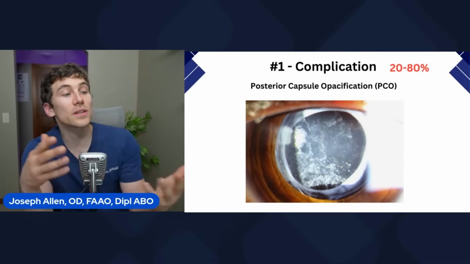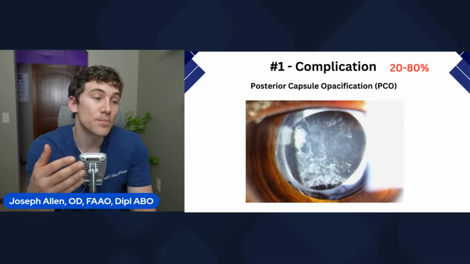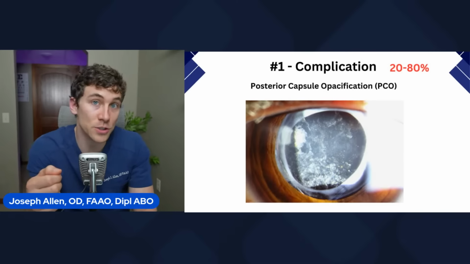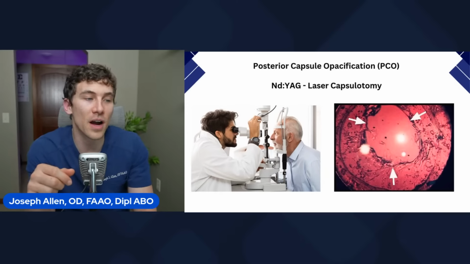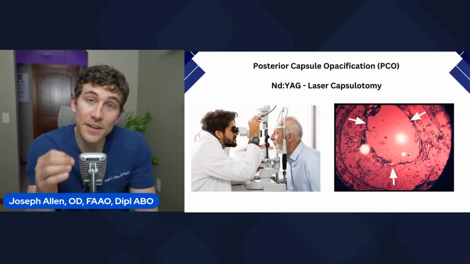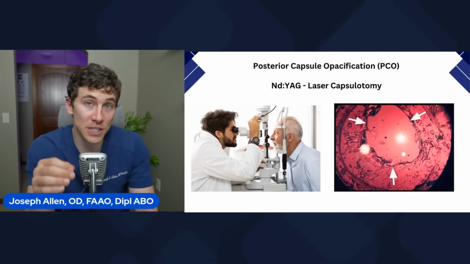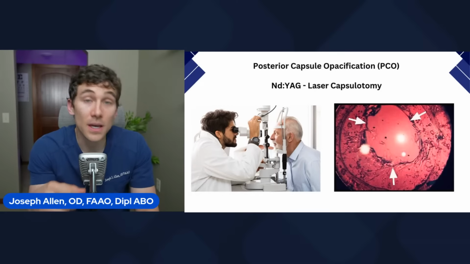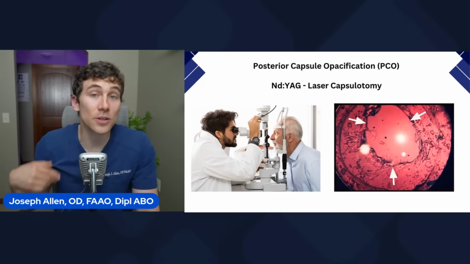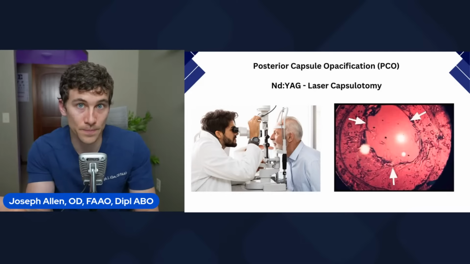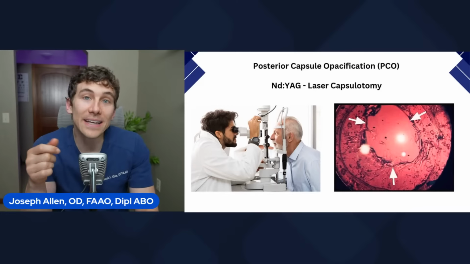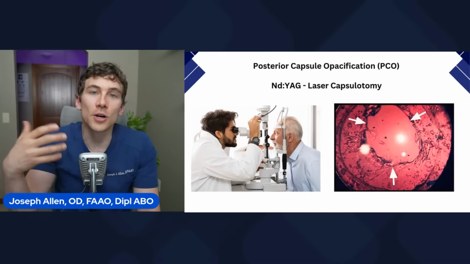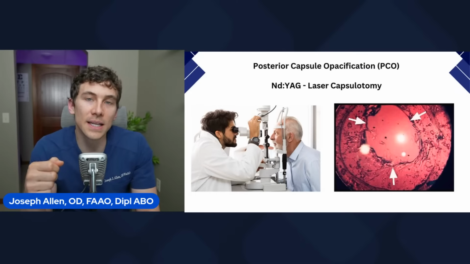The good news is that if this posterior capsule opacification occurs and the lens becomes fogged over, there is a very quick, easy procedure to fix it. We call this a YAG laser capsulotomy. This is done in the eye clinic, so you don't have to go back into the operating room. This is a small laser that's docked on our normal microscopes in the clinic.